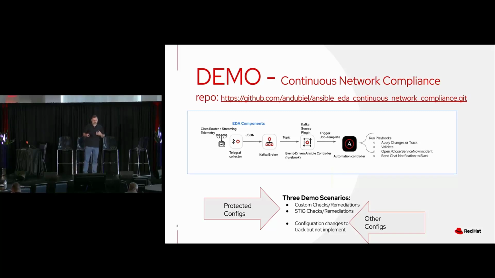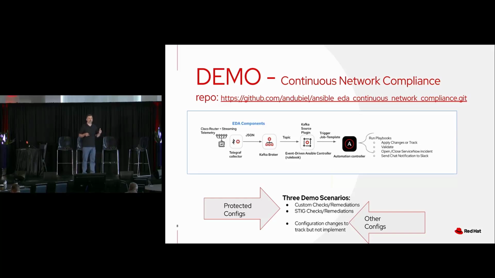In this demonstration, I'm using a Cisco router, and I'm enabling telemetry such that the router itself becomes a tattletale. So if you were to access this router out of band and make a configuration change, we want to know what that configuration change is, and we want to look at that configuration and determine if it is what I call a protected configuration.